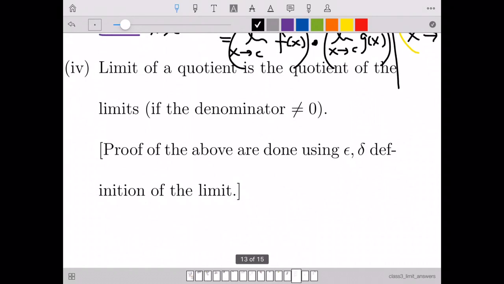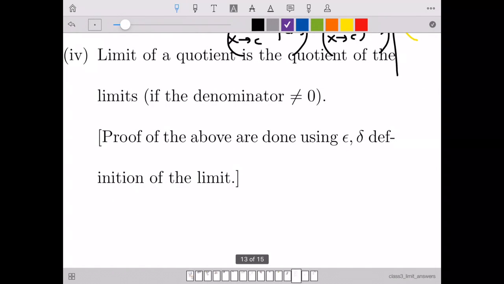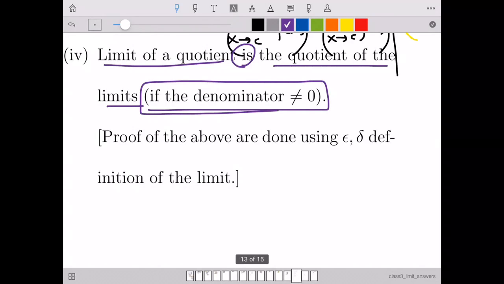And then quotient rule, 4. Limit of a quotient. Quotient meaning a ratio, a fraction. Limit of a quotient is the quotient of the limits if the denominator is not 0.